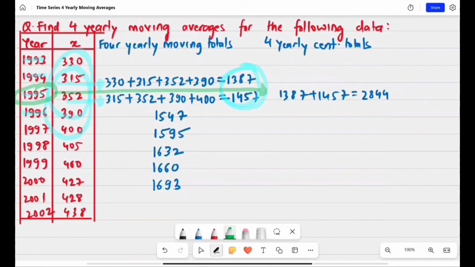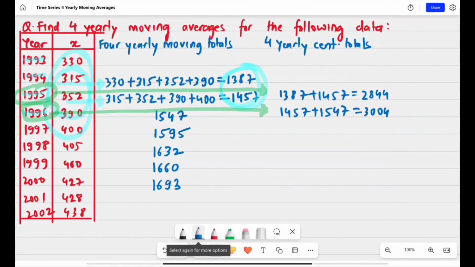Similarly, the next 4 yearly central total is going to be in the year 1996, and that can be evaluated as 1457 plus 1547, which is 3004. The next one is going to be 1547 plus 1595, which is 3142.